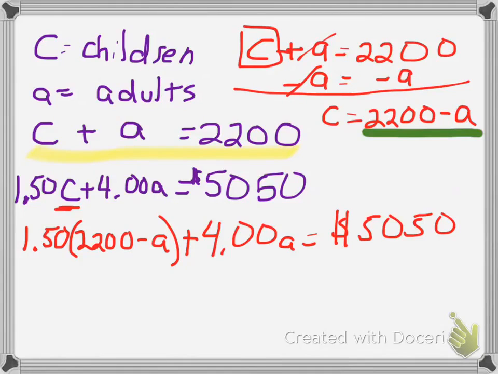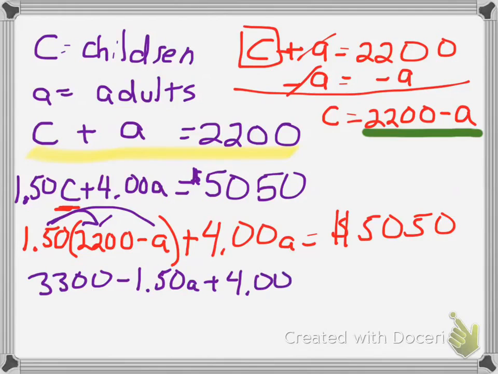Then I can distribute out, get rid of my parentheses. I'll change to a different color. So let's go $1.50 times 2,200, which would be, I'm going to just type it in so I know I'm right, 3,300. Minus $1.50 times negative 1A is that right there.